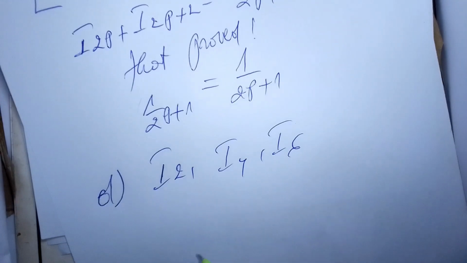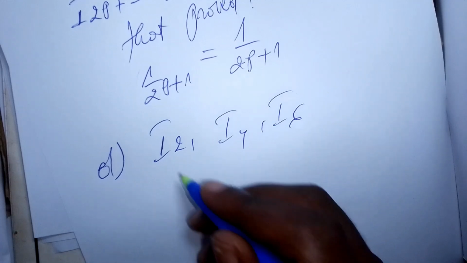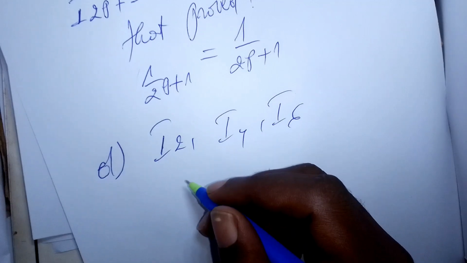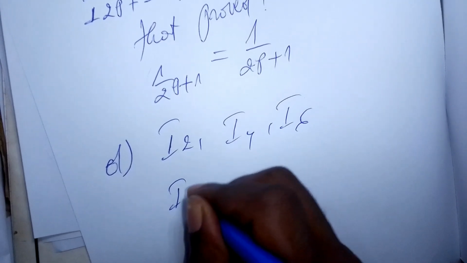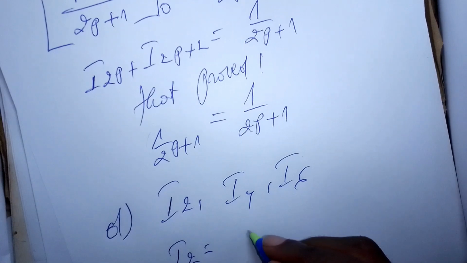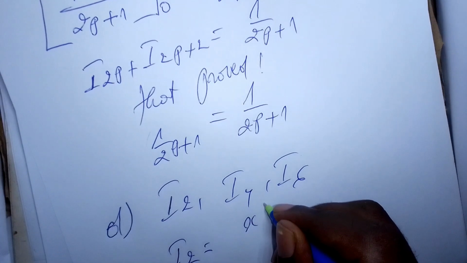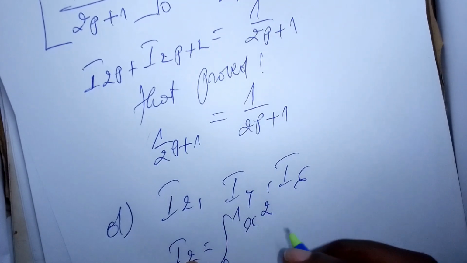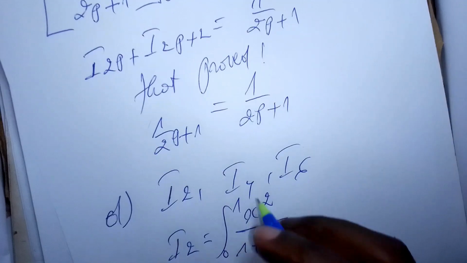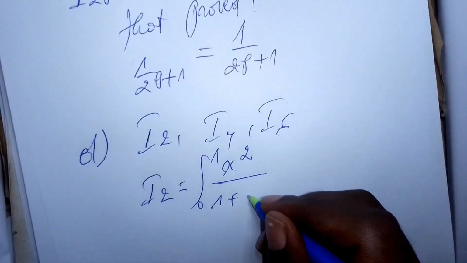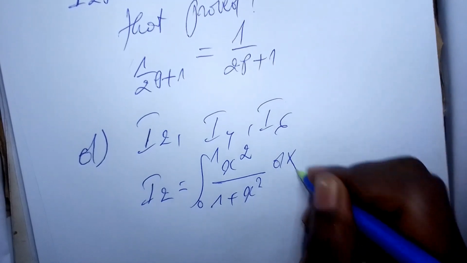From here, we are going to deduce like we did for I3. In our equation we have I2 equal to the integral of x, replacing n here, over 1 plus x squared dx.